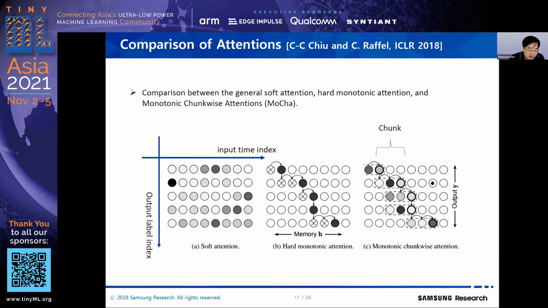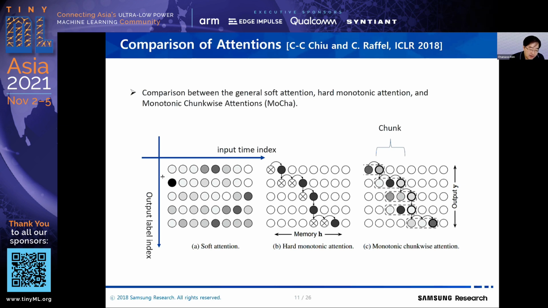In this figure, we can compare the conventional soft attention, the hard monotonic attention, and the MoChA approach. MoChA, the monotonic chunk-wise attention, is shown in figure C. In this figure, the x-axis represents the input time index, and the y-axis represents the output label index.